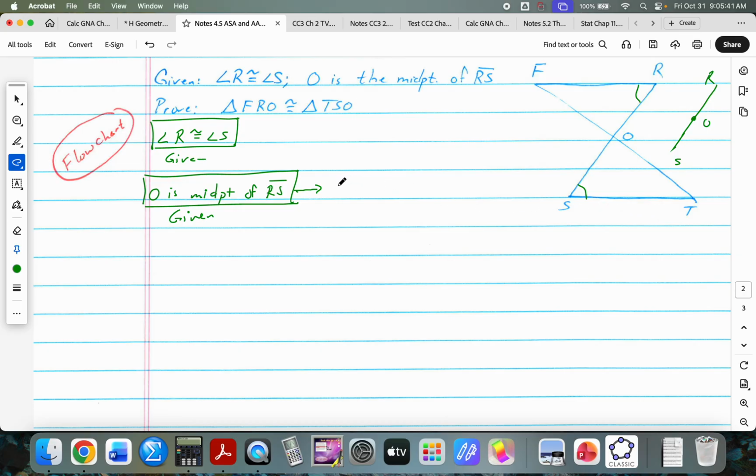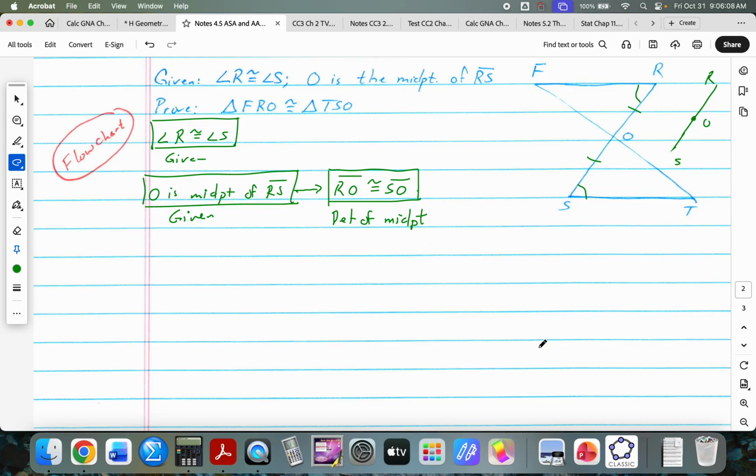RO and SO are congruent. All right. RO is congruent to SO. But we have to be able to give a reason for that. Yep, that's exactly right. That's the definition of a midpoint. So these two are congruent to one another.